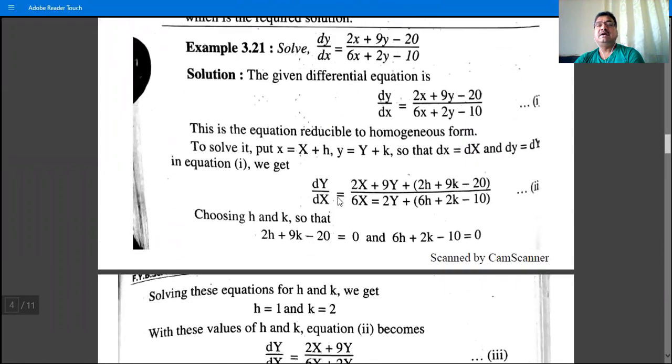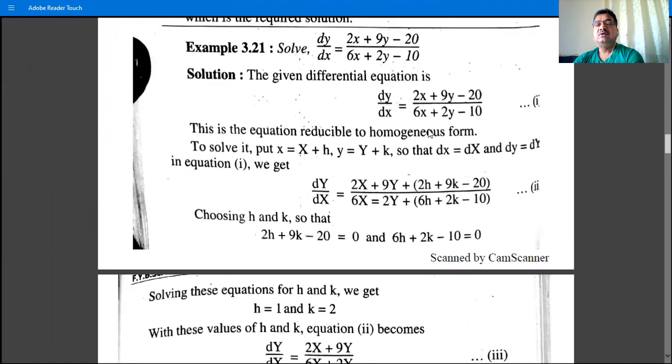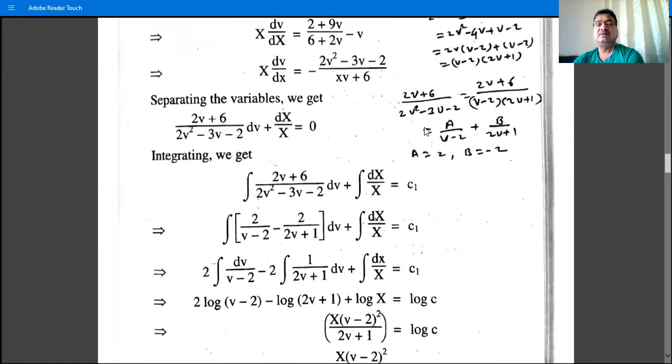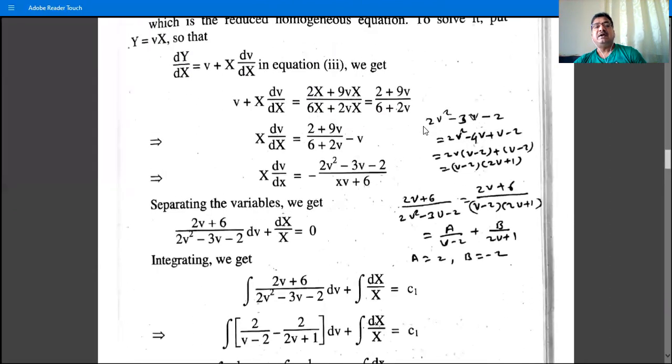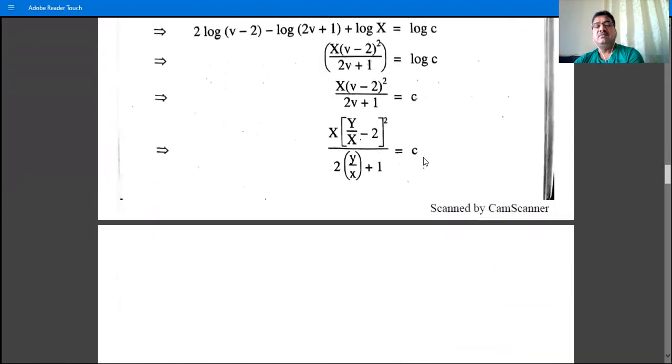So if a1 by a2 is not equal to b1 by b2, then the equation is first reduced to a homogeneous differential equation. Then after substitution y is equal to vx, the equation reduces to the variable separable form, and then we have the answer.